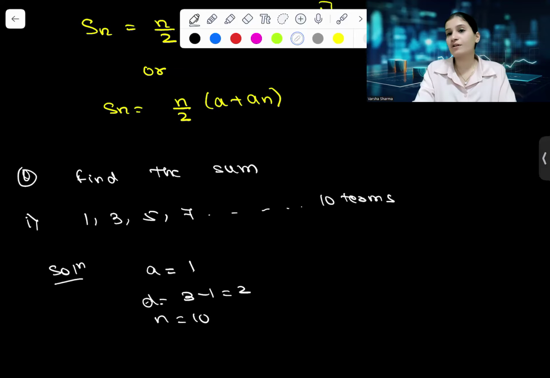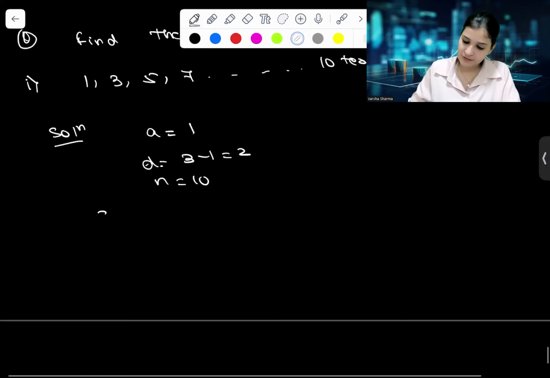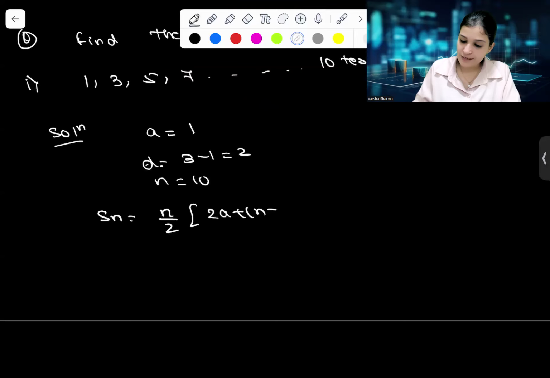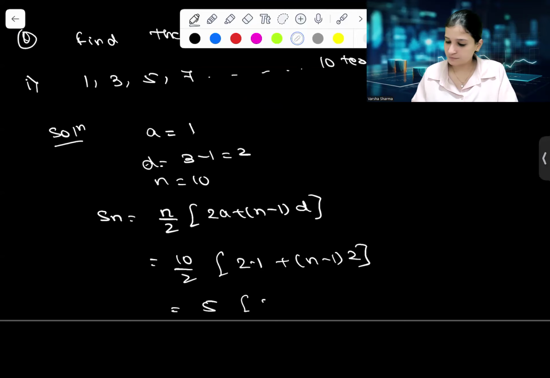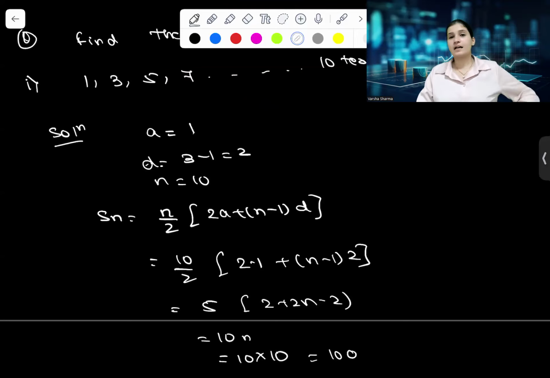Find the sum. Use the first formula, it's easier. Sn is n by 2 times (2a plus (n minus 1)d). n by 2, 2 into 1, n minus 1, d is 2. Ten and 100. Answer is 100. Yes? Yes, ma'am.